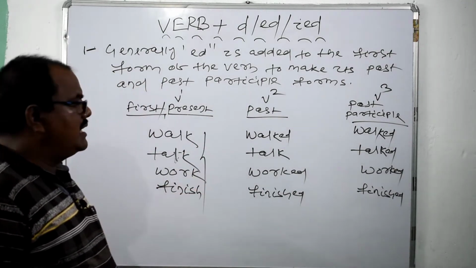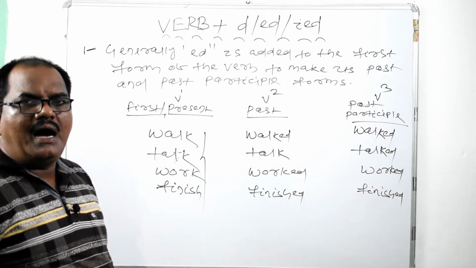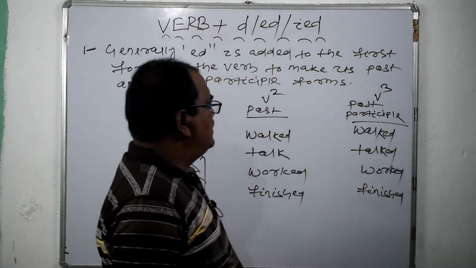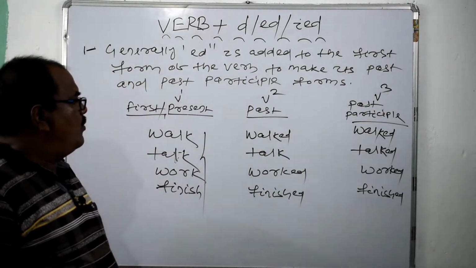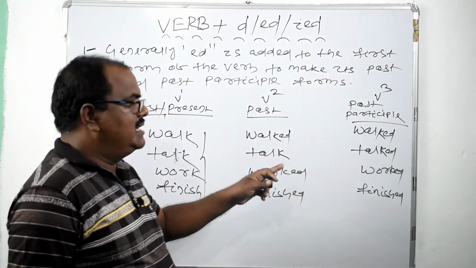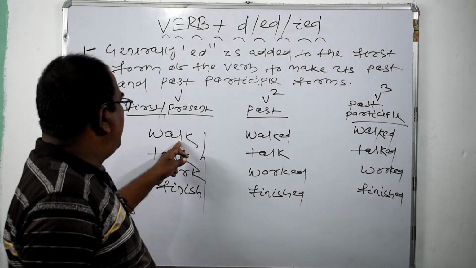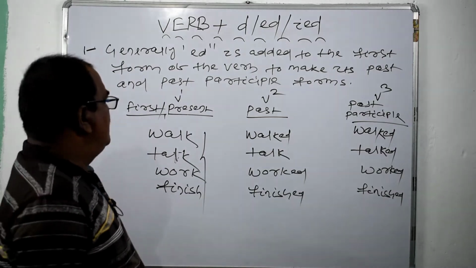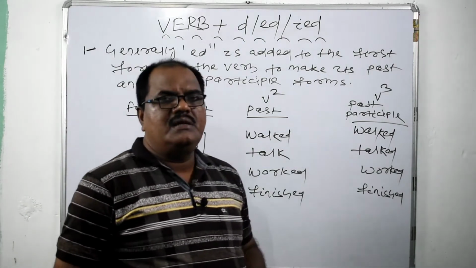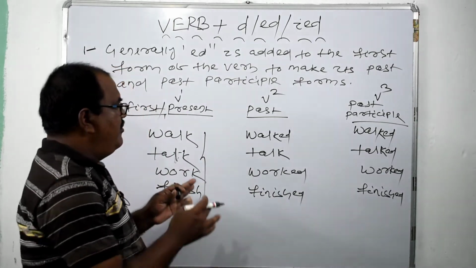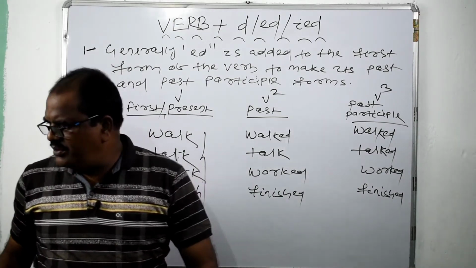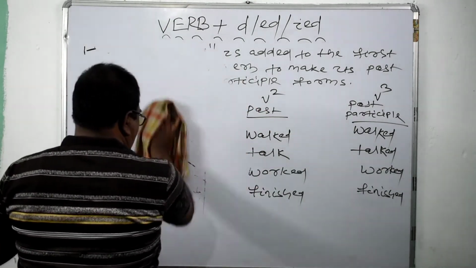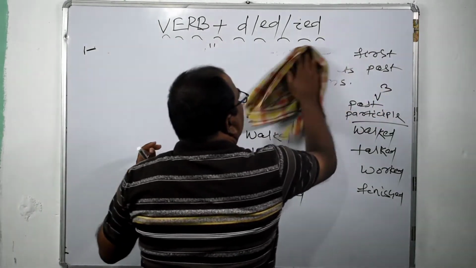All these verbs are regular verbs as their past and past participle forms are the same, and only ed is added to the present form to make its past and past participle forms. Generally, students should think of this general rule without taking any principle. But now we'll discuss the rules.